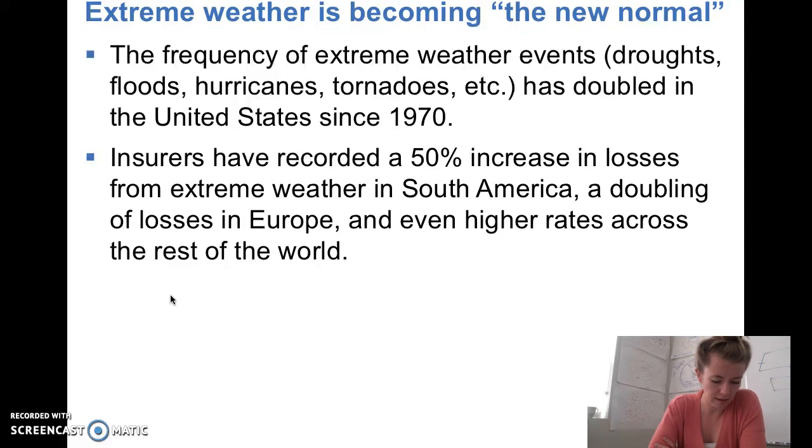Climate scientists say that although climate trends influence the probability of what the weather will be like on any given day, no single particular weather event can be attributed directly to climate change. So for example, we can't say that one storm or tornado or a drought is directly because of climate change, but we can definitely say that the frequency of them is because of climate change.